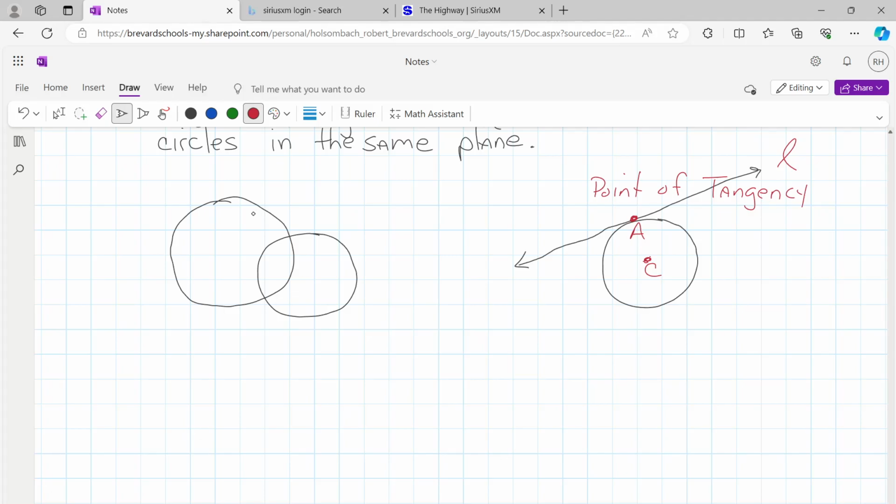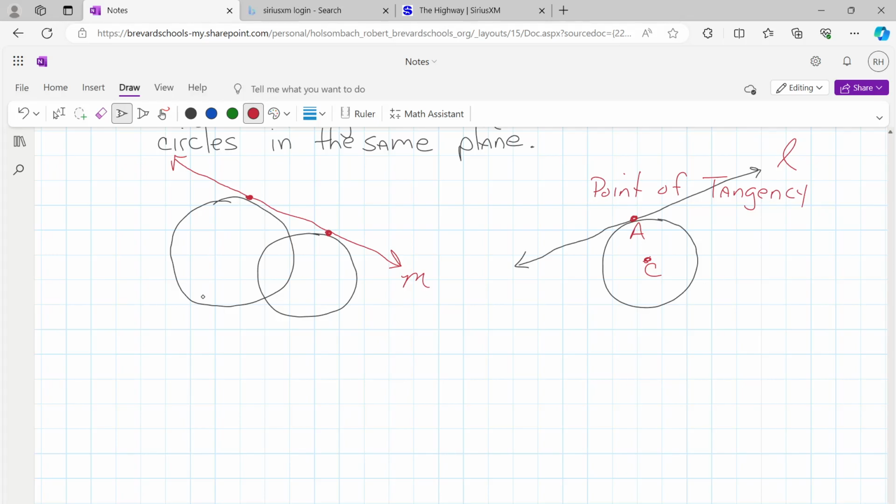So if we're drawing common tangents, in this case we have two circles. So we're trying to draw a line here. I'm going to do this first line across the top if you can see the cursor, and I'm going to try to hit these two points. Like I said, with a straight edge, it's much easier. So something like this. Line M is a common tangent to these two circles.